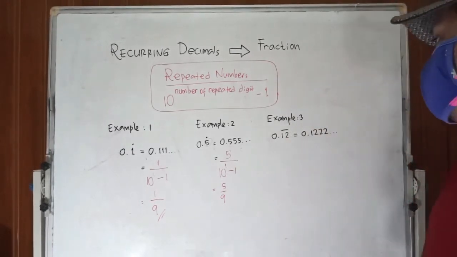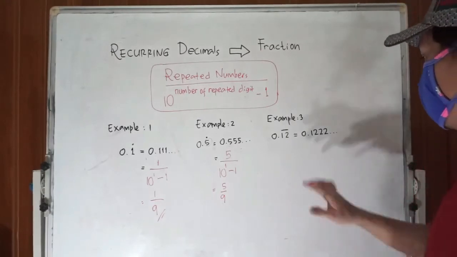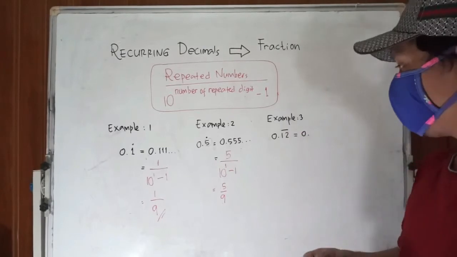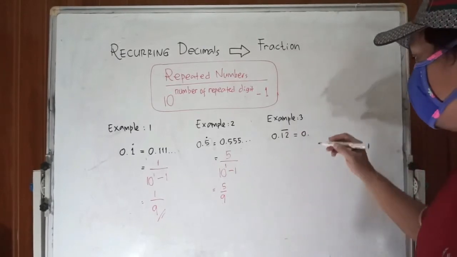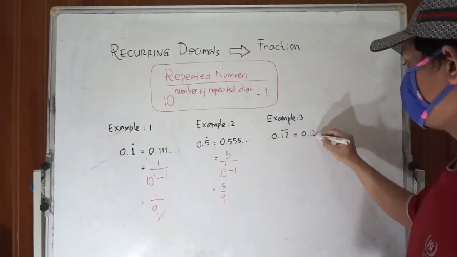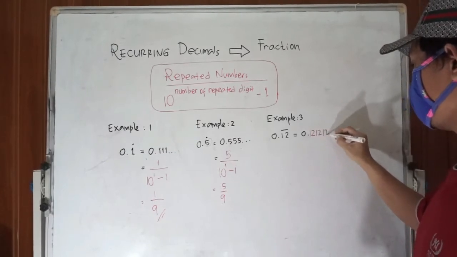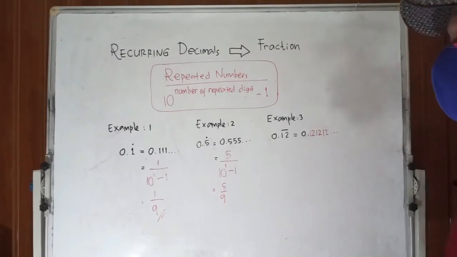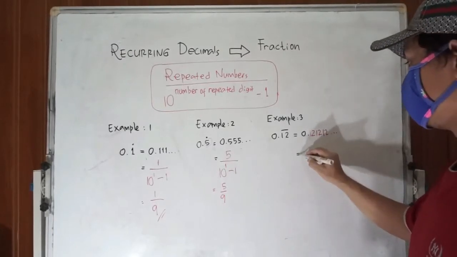0.12 with a line means 0.12, 12, 12, and so on, right? Okay, now we change to the fraction.